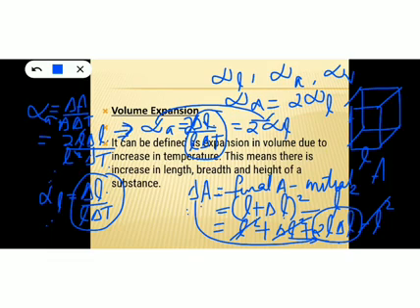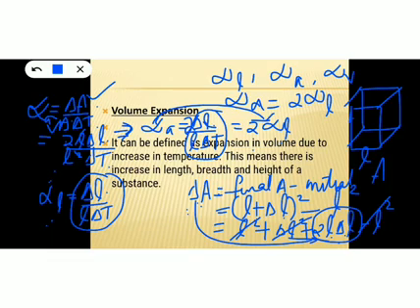So delta A, that is the increase in area, is 2L into delta L. Then write the expression for area expansivity, which is delta A by A into delta T. Substitute for delta A and A, so delta A is 2L delta L and A is L square, and cancel the like terms. So we are left with alpha A equal to 2 times delta L by L into delta T, that is 2 times alpha L. So this is the relationship between alpha A and alpha L.